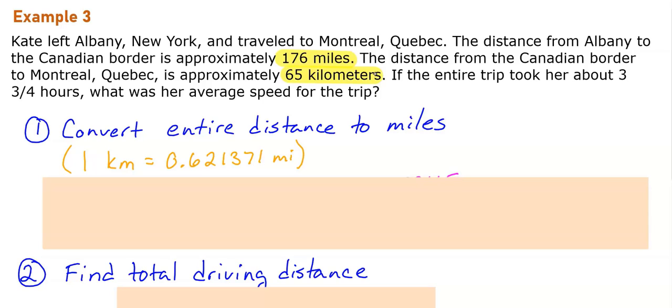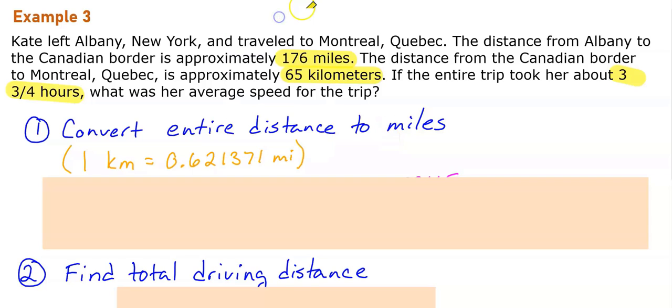So we're going to have to make them the same unit of measure. If the entire trip took her about 3 3/4 hours, what was her average rate of speed for the trip? So the first thing we want to do is make the entire distance in miles.